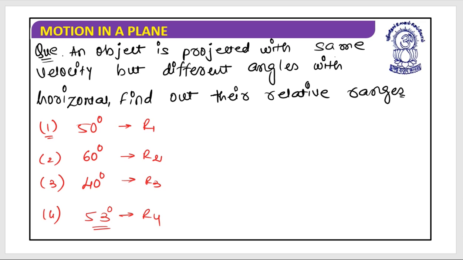So how could I find out which range would be higher and which range would be smaller? How can I do this? Any idea? Any assumption?